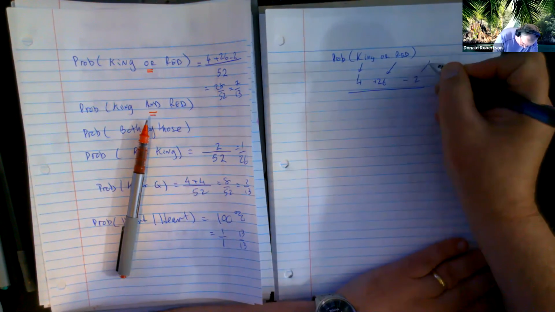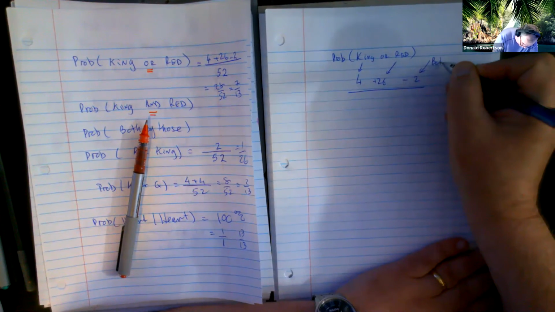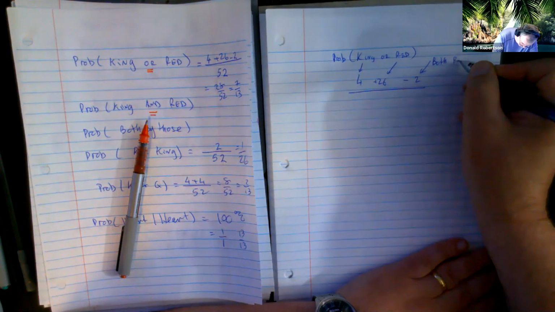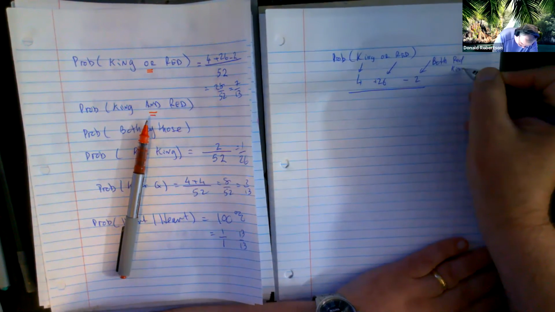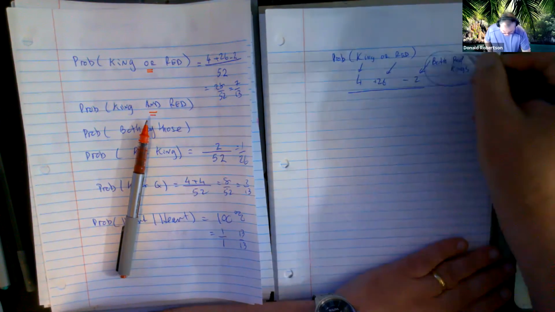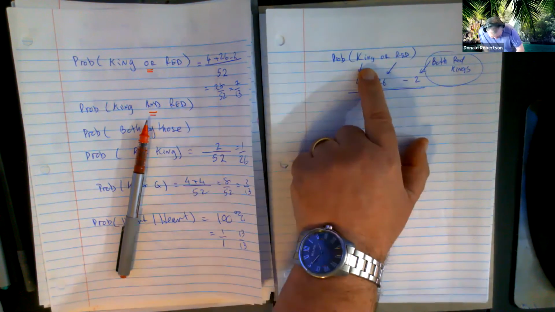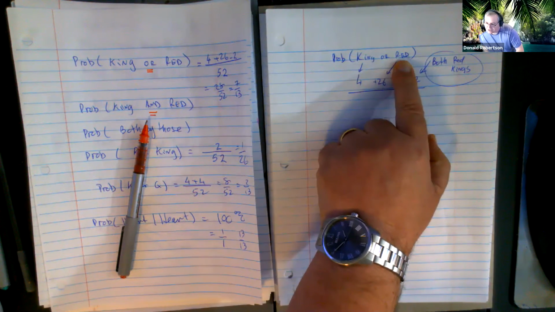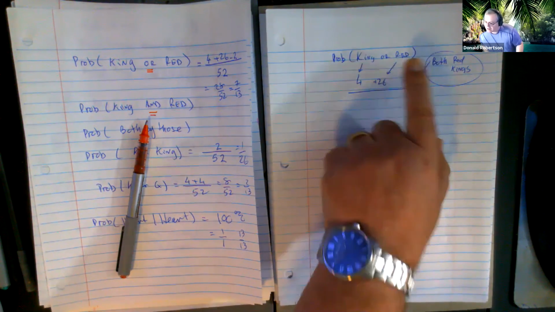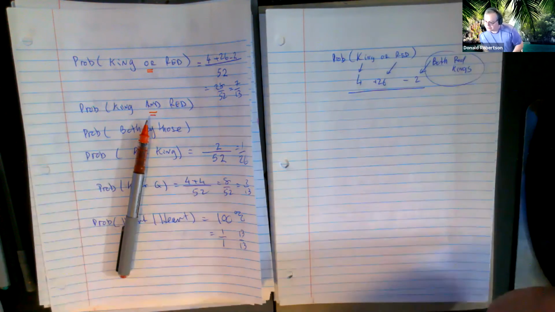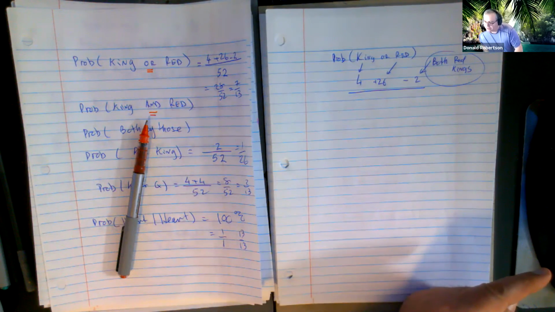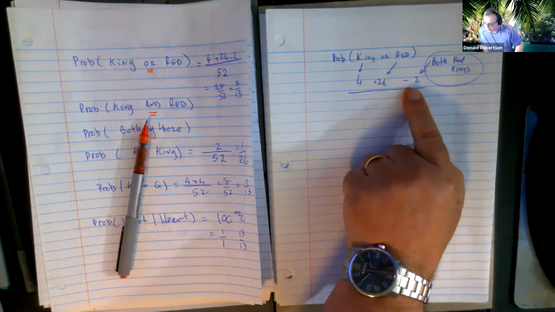Why? The 2 is for the both, the red kings. I've already counted the kings, and I've already counted the reds, but inside the red, aren't there 2 red kings? So I can't count them again because it's the same card and I'd be counting it in 2 different places. So the takeaway 2 is to account for the both.